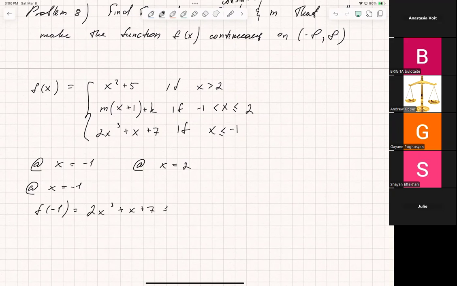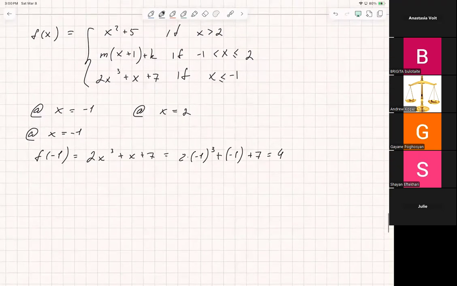So we plug in -1. We get 2 times -1 cubed plus -1 plus 7. That's going to be equal to 4, right? Okay. Now the function is defined at this point, f of -1 is equal to 4.